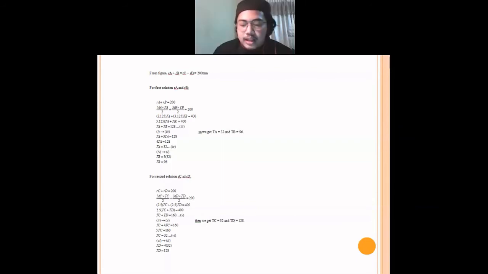Now for the second solution is for the radius of gear C and radius of gear D. Using the same formula, module C times number of teeth C over 2 plus module D times teeth D over 2 equal to 200, and then substitute into the formula and we get number of teeth C equal to 32 and number of teeth gear D equal to 128.